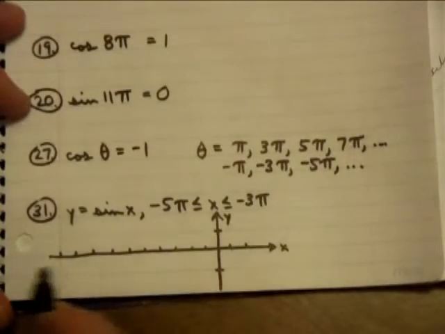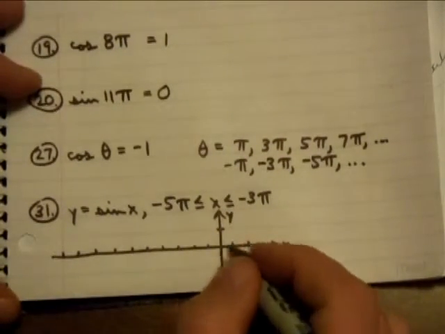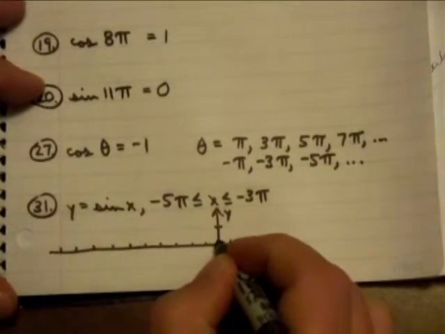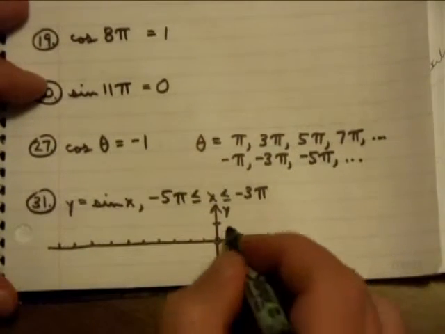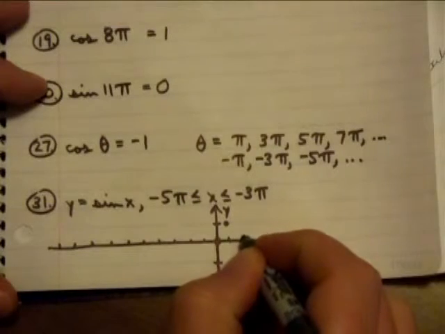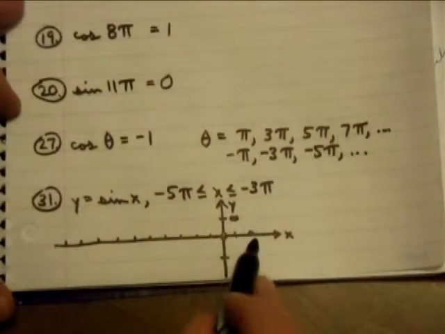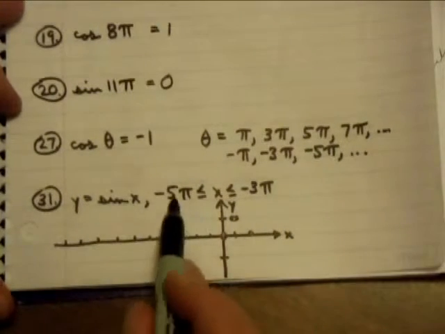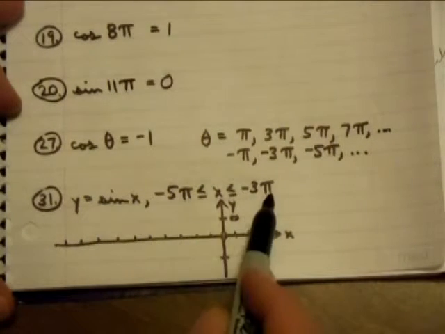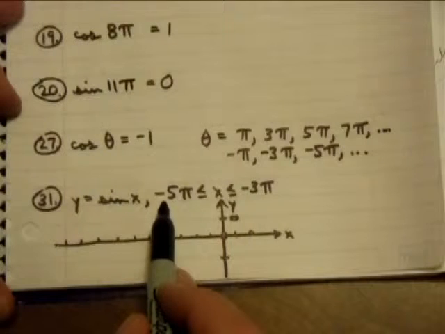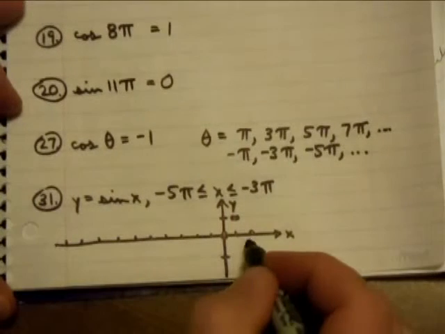So I've marked this up in a way that will help us. So sine always starts at the origin at the point 0, 0, and then it goes up before it comes back down. But we don't want to really go in the right-hand direction in this case because the range of x values that we want is from negative 5 pi to negative 3 pi.